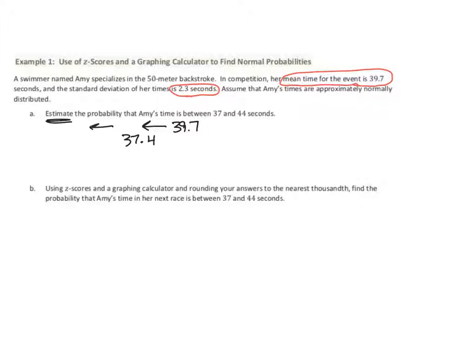If I subtract 2.3 again, 35.1. Add 2.3, I get 42, and if I add 2.3 again, I get 44.3.